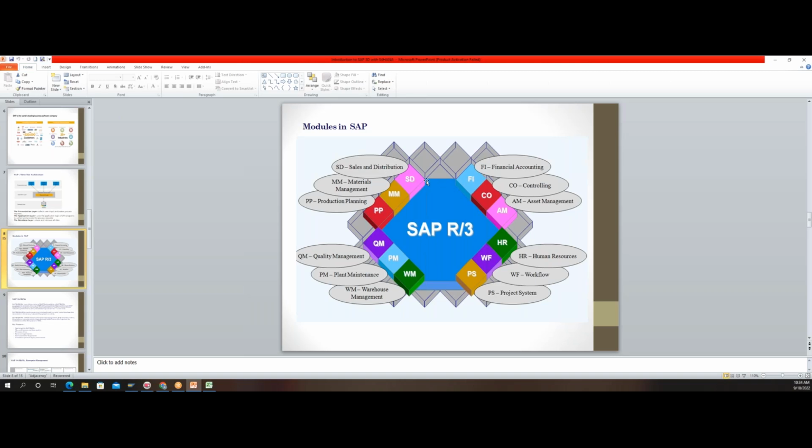If these two areas are not connected, say in a day I perform 100 different transactions with 100 different customers, and all the information is not flown into FI, then how will FI know from where it has to receive the payments?